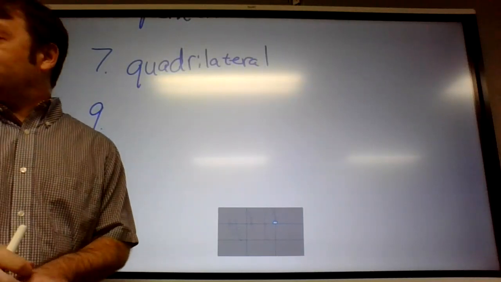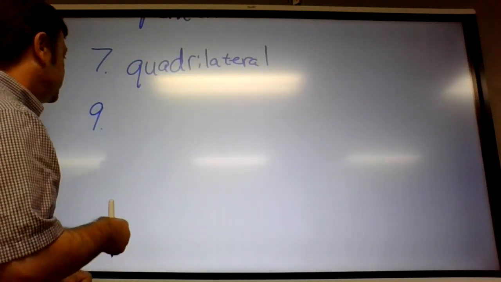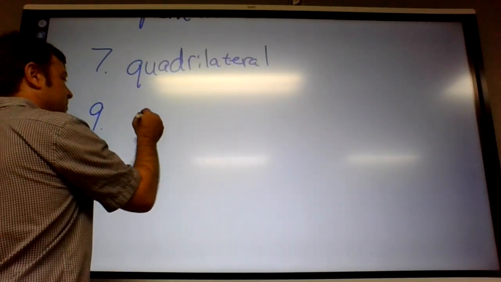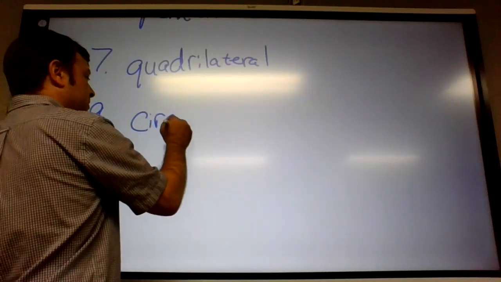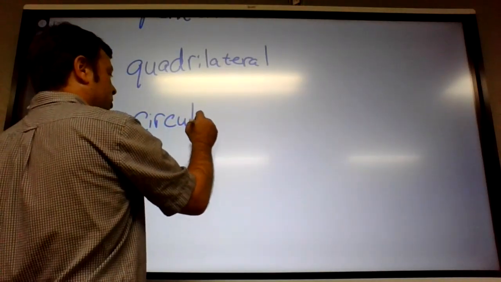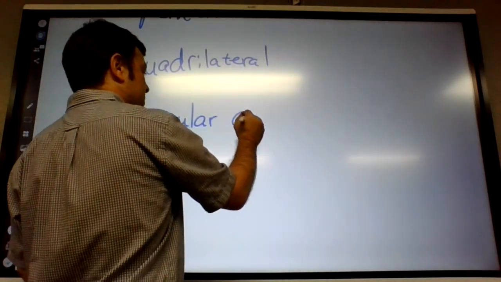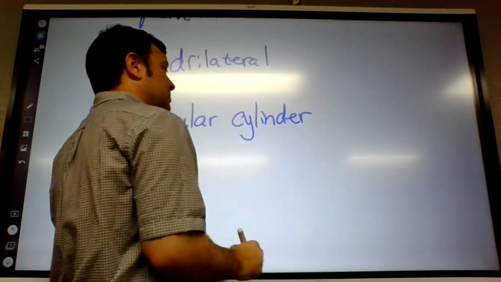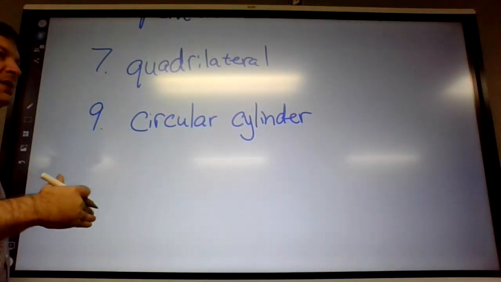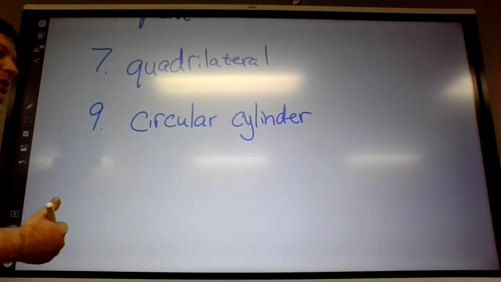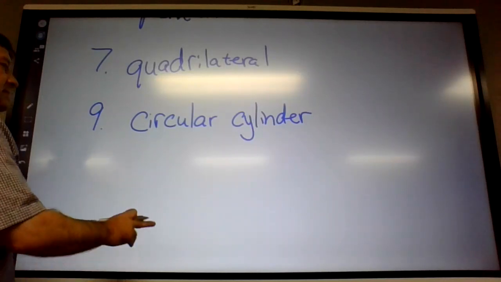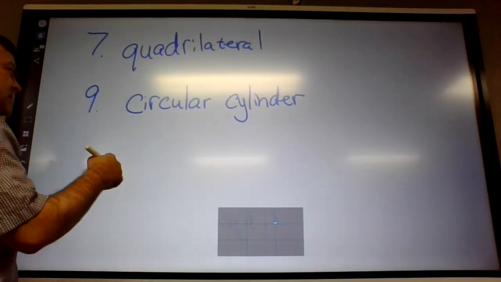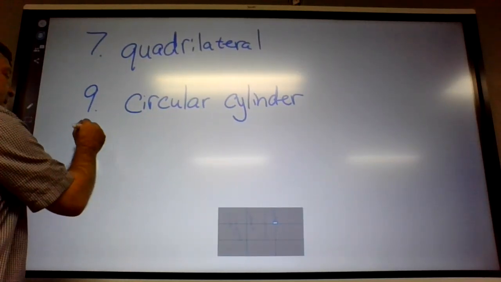But what is number 9 a picture of? Right. If you put cylinder, I wouldn't count it wrong, but they're more specific. Circular cylinder. It is not a polyhedron, therefore we're not going to say it's a pentahedron or anything like that.